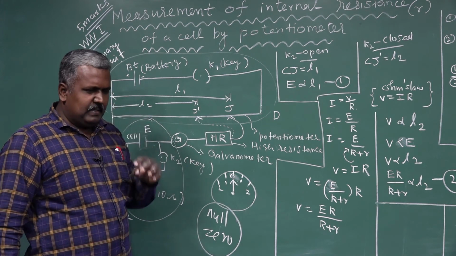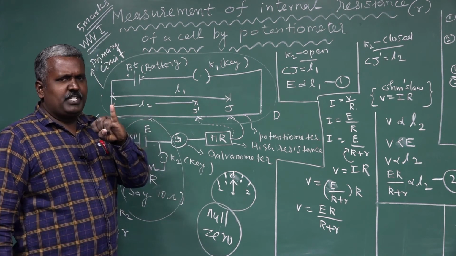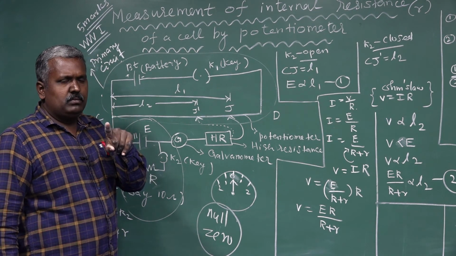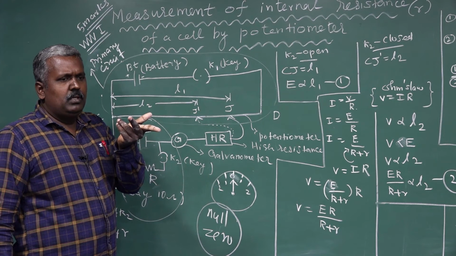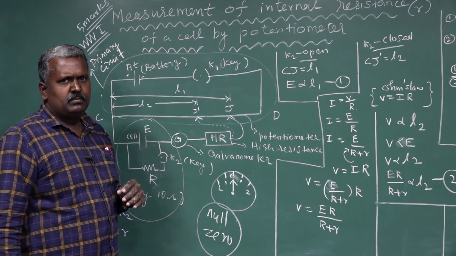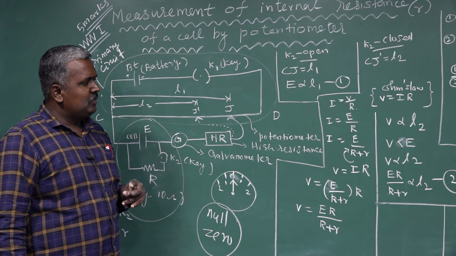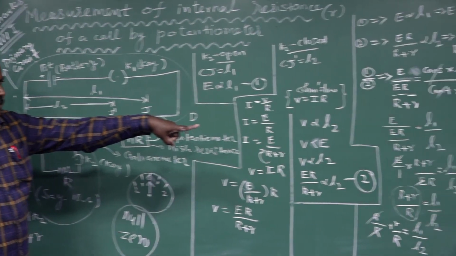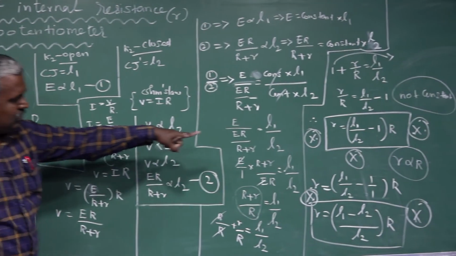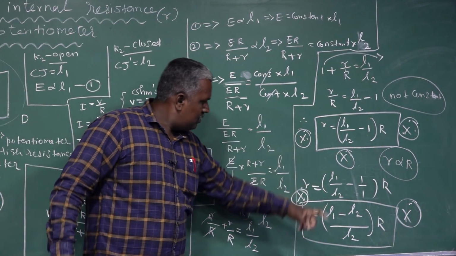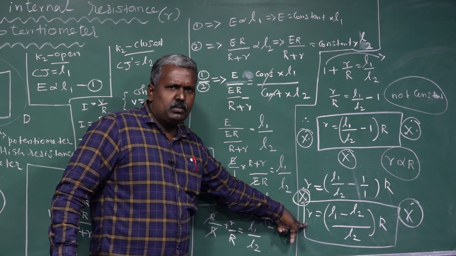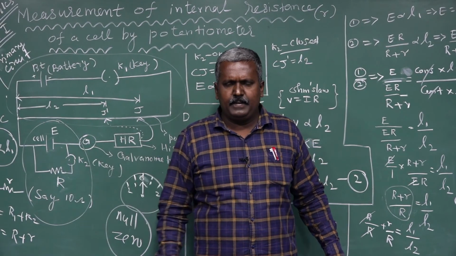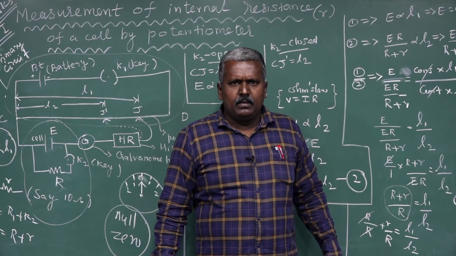Revise open circuit and closed circuit, the L1 value, the L2 value and the capital R value. Those are the two formulas, the last two formulas, to find out the internal resistance of the cell. Clear?